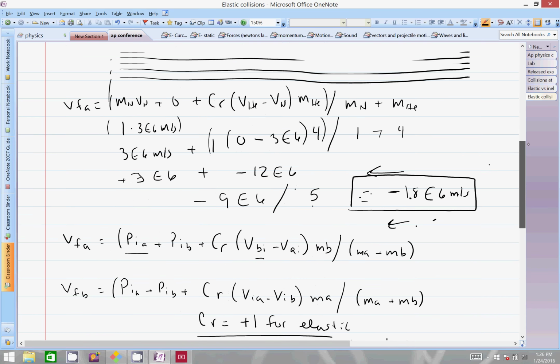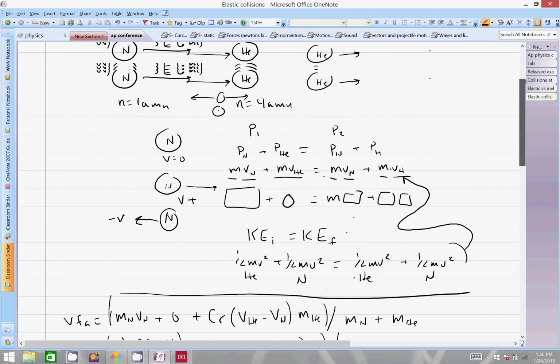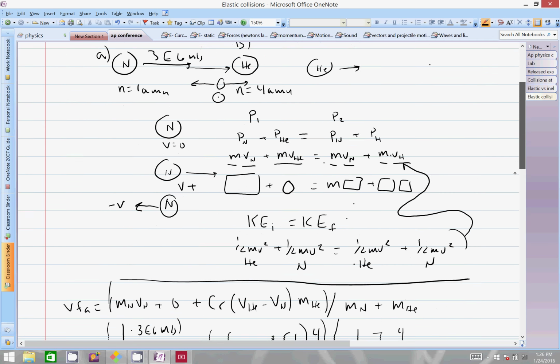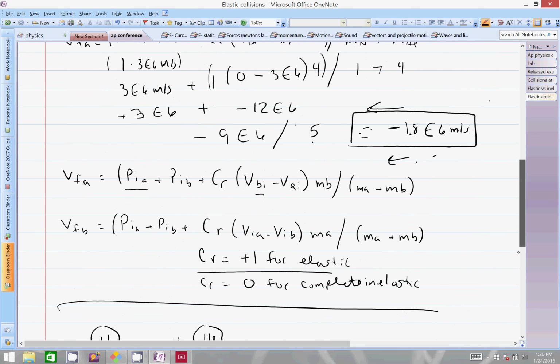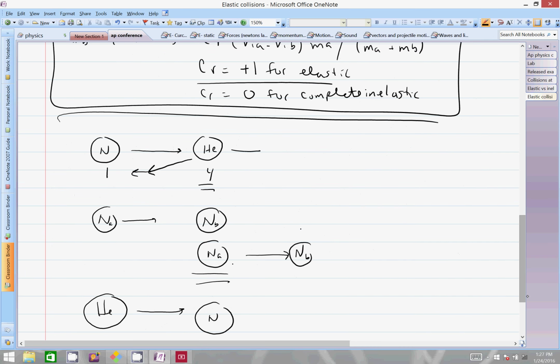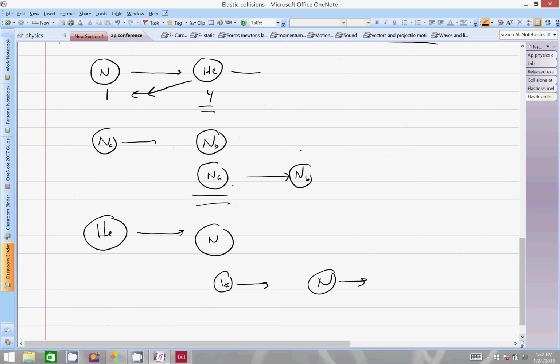Okay. Now the last question that I typed in here is, what fraction of the kinetic energy is lost to the stationary particle? To solve this problem, you would need to solve for the velocity of that particular particle. And then at that point, you could say, okay, initially, what is my initial kinetic energy?